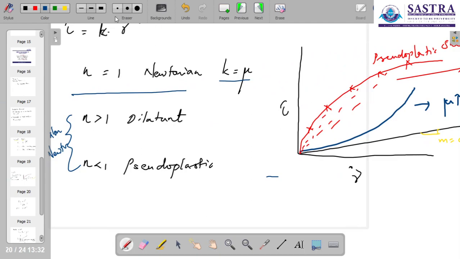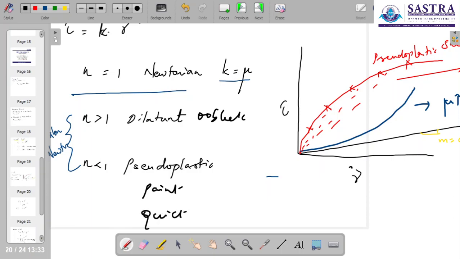In continuation with our discussion in the learning capsule 11.2, pseudoplastic is something that we see in paint, and dilatant is something that we see in oobleck. Sorry, this is not quicksand, it is actually a pseudoplastic fluid. Oobleck is dilatant.